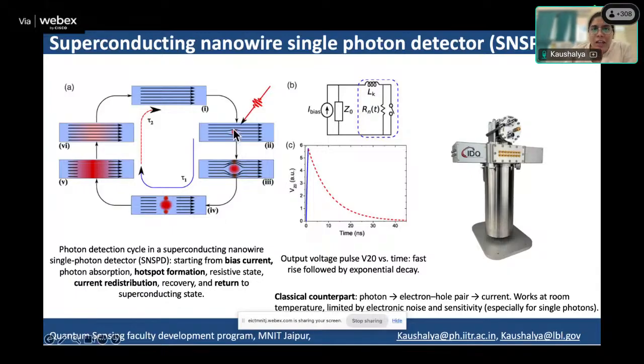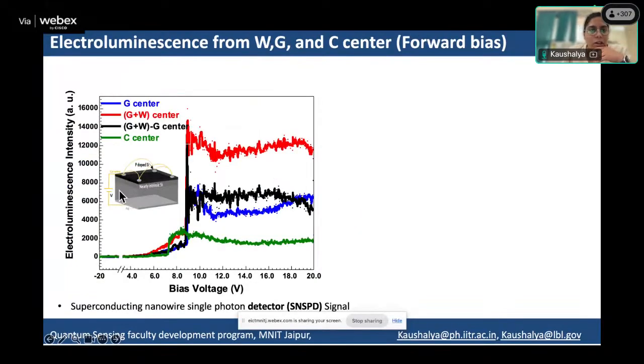Corresponding to this, this is the equivalent circuit. And if you just probe the voltage difference between the superconducting and the non-superconducting phase, it can tell you when the photon arrived. And this helps you eventually in characterizing the single photons. The rest is the mechanism to recover back the superconducting phase.